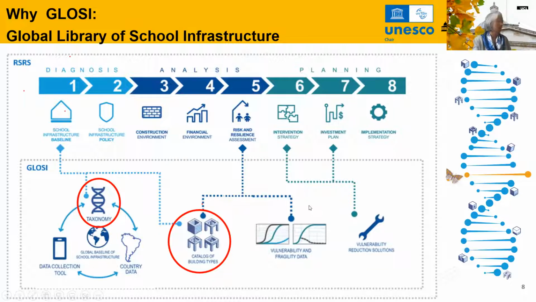Once we deliver that catalog, we start understanding through risk and resilience assessment what the fragility of each particular type is and what the vulnerability of that type is.